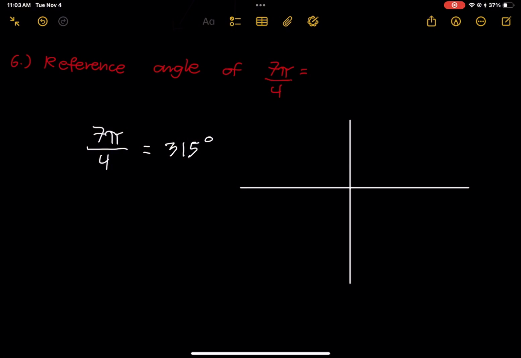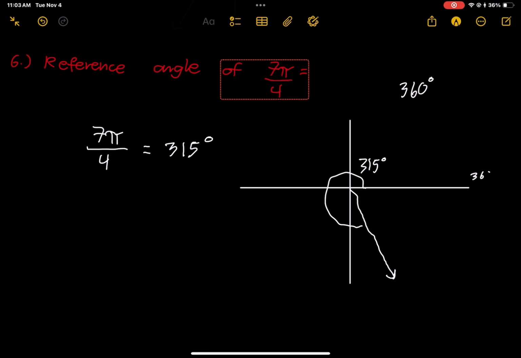So let's draw our Cartesian plane and graph 315 degrees at quadrant 4. Let's assume that that is 315 degrees. Finding its reference angle, we just have to subtract it from 360 degrees because it is in quadrant 4.